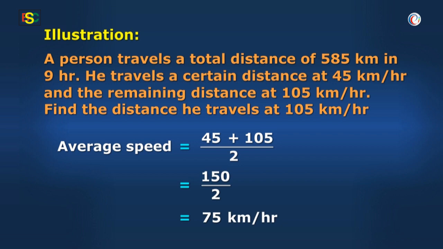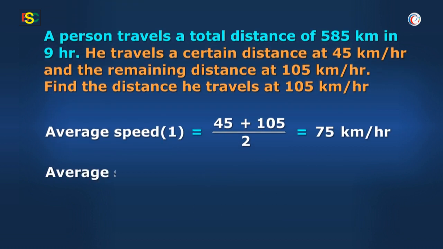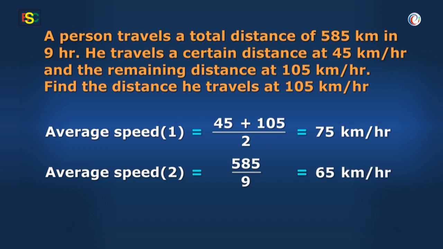But here it also says that the person travels the total distance of 585 kilometers in 9 hours. So, average speed is 585 divided by 9, that is 65 kilometers per hour.